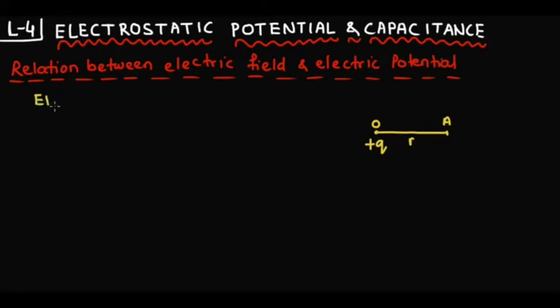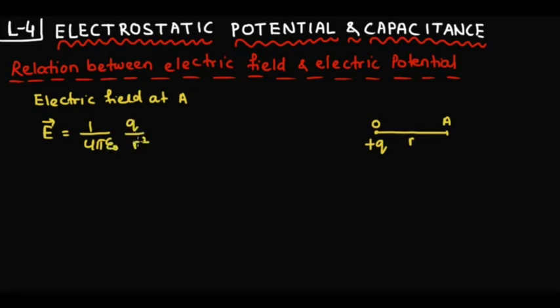Electric field at point A is given by E vector equal to 1 by 4 pi epsilon naught q by r square, and we know that for a positive charge the electric field is directed away from the charge. So the direction will be along OA.